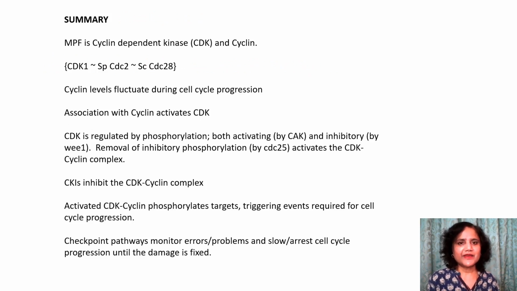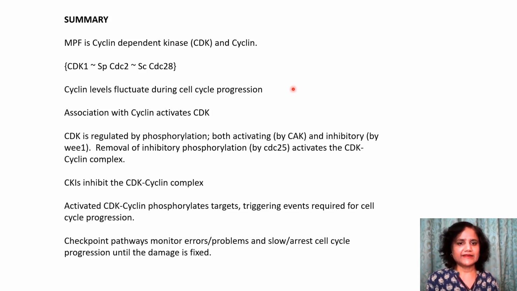To summarize, we have discussed today that MPF is a cyclin-dependent kinase complexed with a cyclin, and CDK1 is equivalent to CDC2 in Schizosaccharomyces pombe and CDC28 in the budding yeast Saccharomyces cerevisiae. Cyclin levels fluctuate during cell cycle progression, and association with cyclin activates CDK.